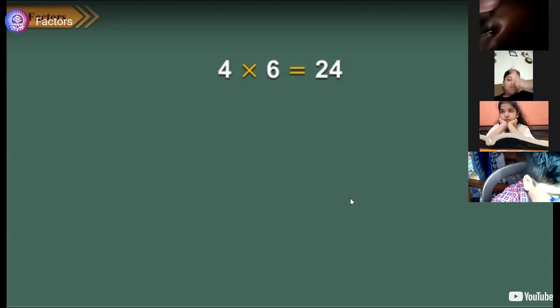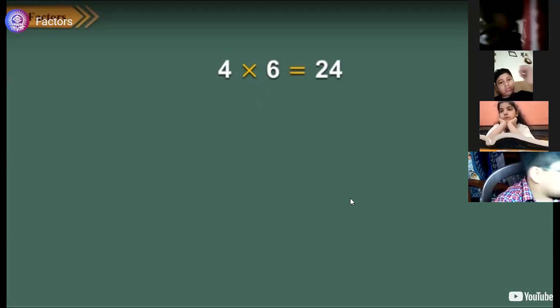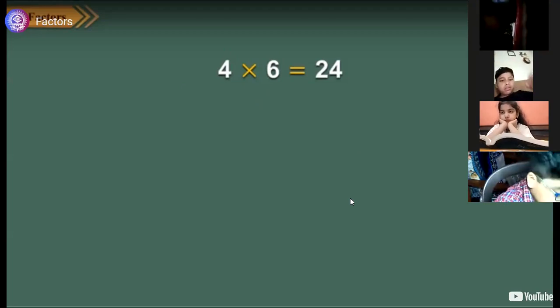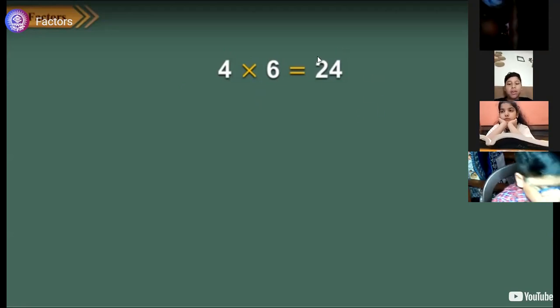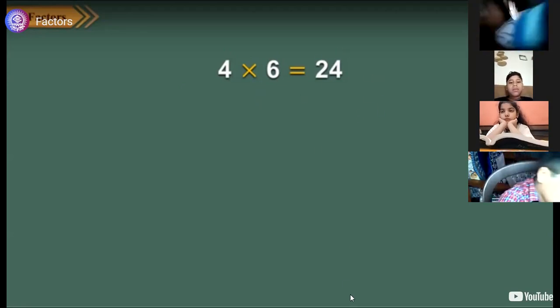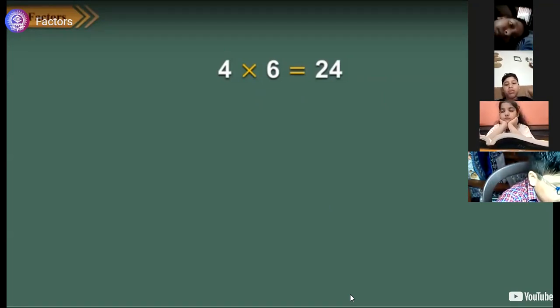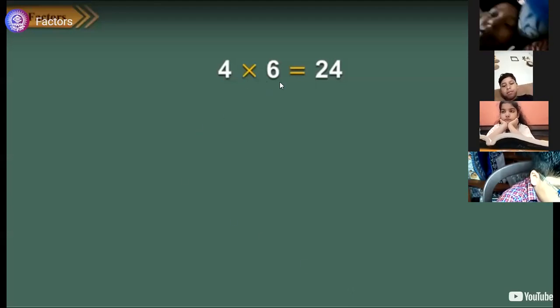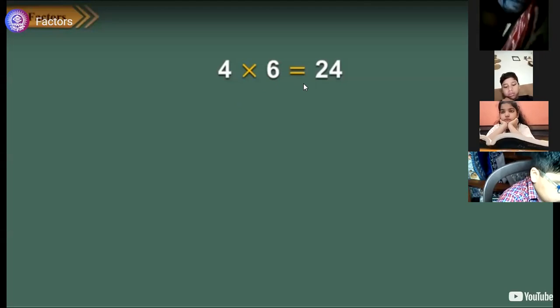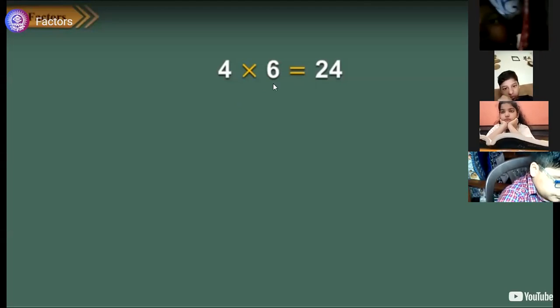Clear, beta? And how are we going to read this statement? We can say that 4 and 6 are the factors of 24. This is the way to read this statement. Clear?